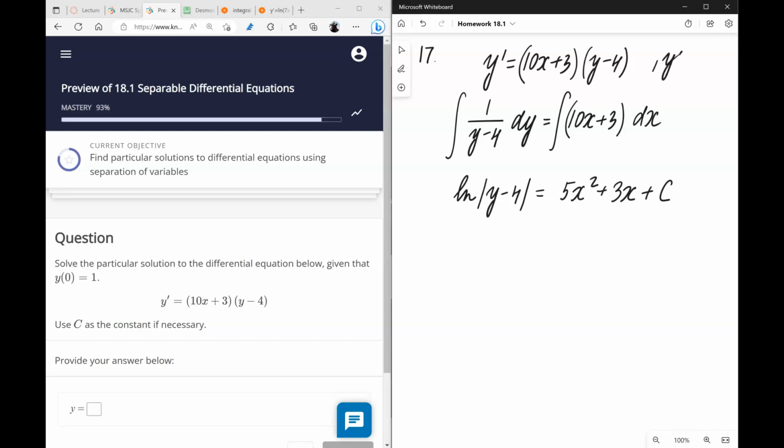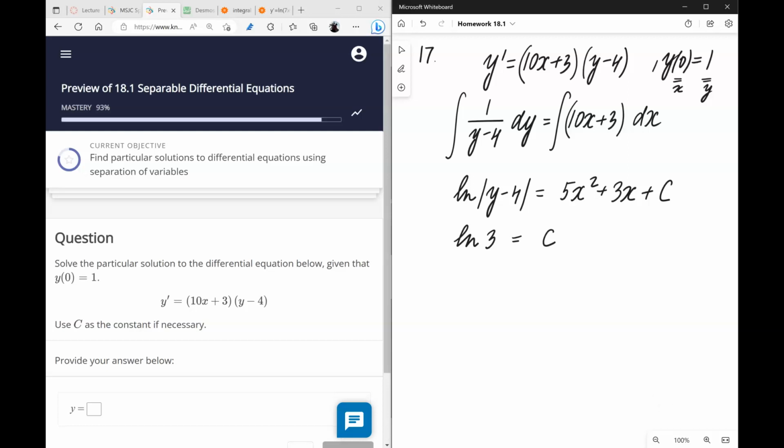This is an initial value problem. So let's just throw 0 for x, 1 for y. So we have ln of 3 is equal to 0, 0. So it's c.